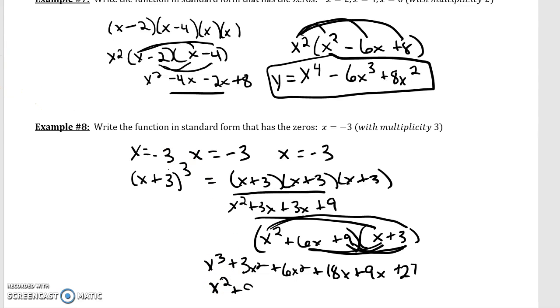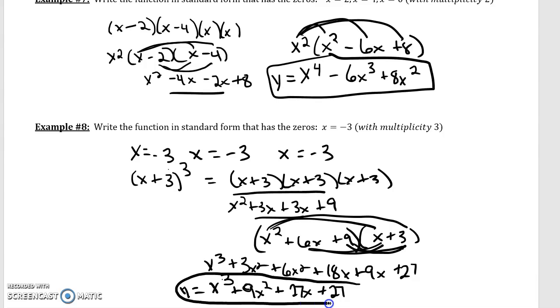It should be x cubed, not x squared. x cubed plus 9x squared plus 27x plus 27. And again, you should tell me that that is y equals, and that is your solution.